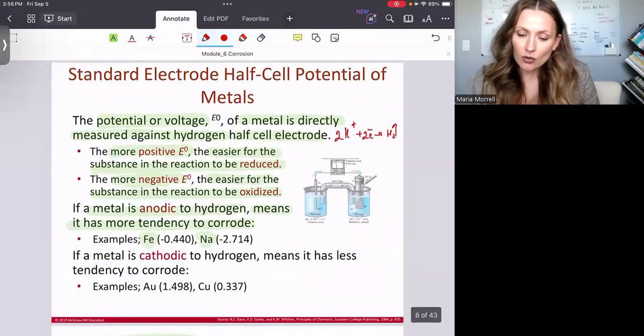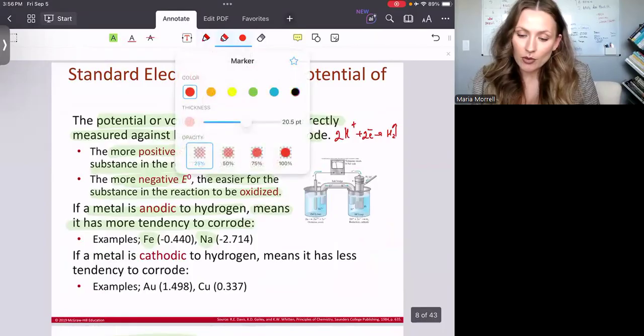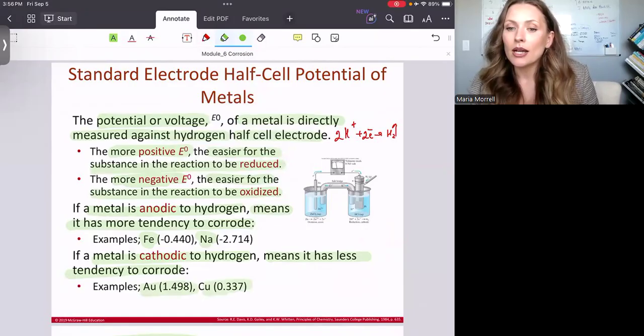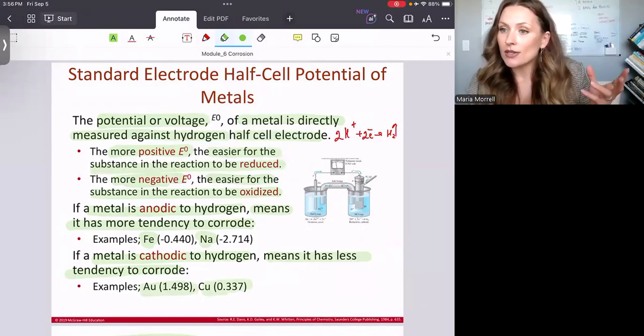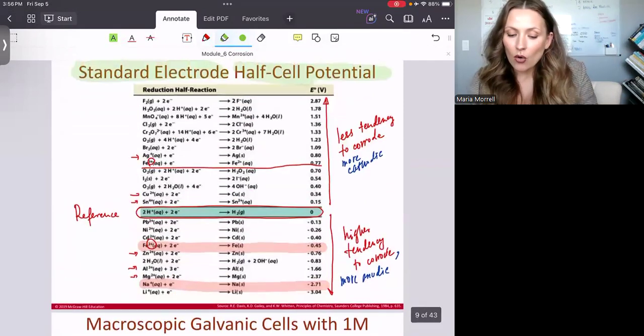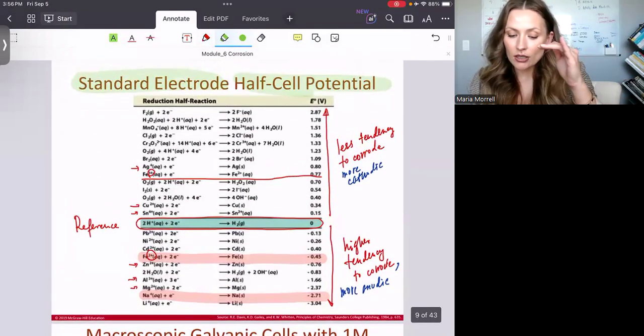All right, and so meaning that I will finish my thought since it is on this slide. If a metal is cathodic to hydrogen, it means it has a less tendency to corrode. An example is going to be gold and copper, and that shouldn't come as a surprise that yes, the metals such as noble metals, right? Gold and the silver are all of the ones that you can actually see. Well, I see a silver.